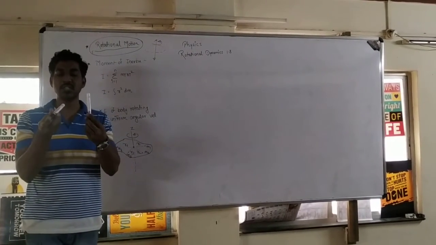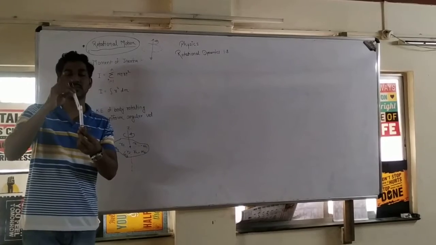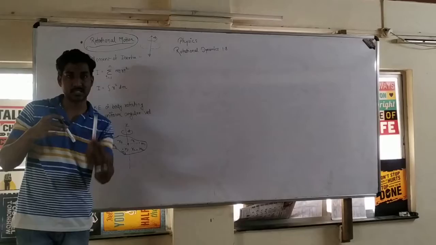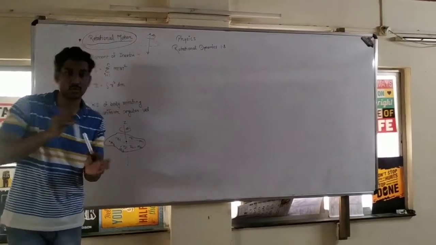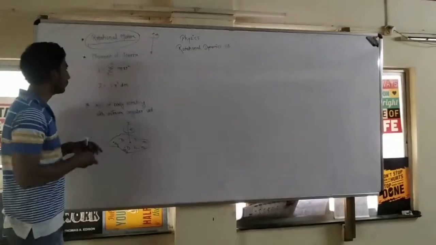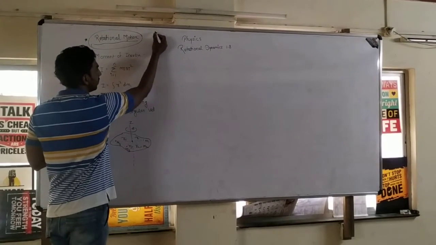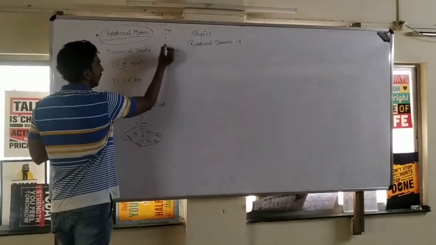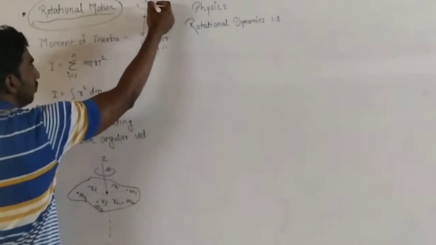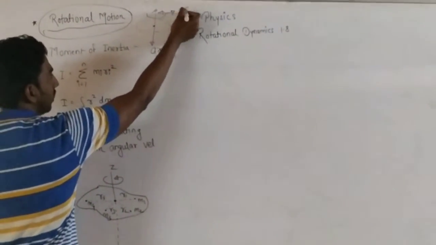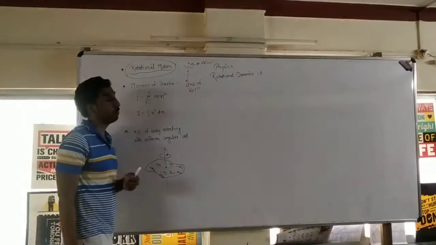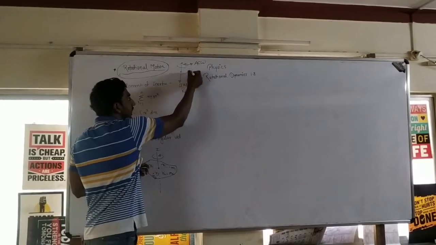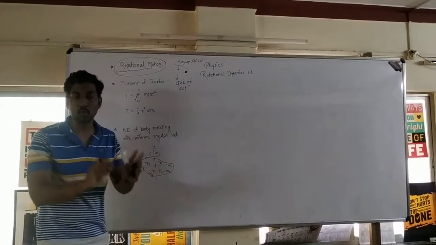If this particle is moving around this marker, there will be a rotational motion, and this will be the axis of rotation around which it is going to rotate. And this will be the direction. Now this direction is anti-clockwise, I will write it as ACW, around which this particle is getting rotated. This is nothing but your rotational motion.